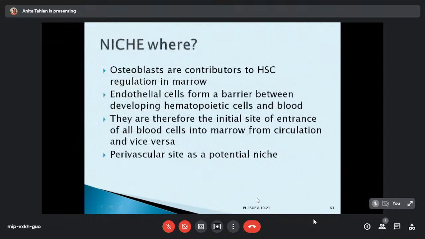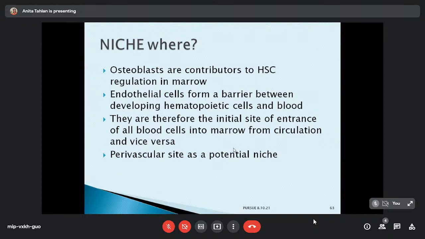So where are the niches that we are talking about? As I said earlier, the osteoblasts contribute to hematopoietic stem cells, so they can be one candidate. Another can be the endothelial cells, because they are the barriers between a developing cell and blood. So these initial sites of entrance are controlled by endothelial cells, so they are very important.